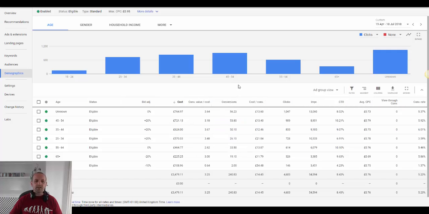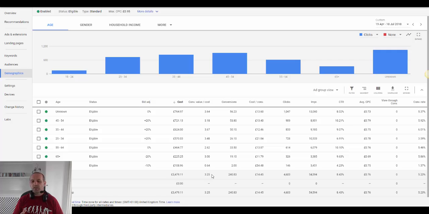So I'm first looking at this in the age section, so I can compare how the different age groups convert and how much more profit they make this particular website. Don't worry too much about your overall metrics for the entire account or for the entire campaign. Really, what we're looking at in this case is just this ad group, so it's the comparison between just the ages.